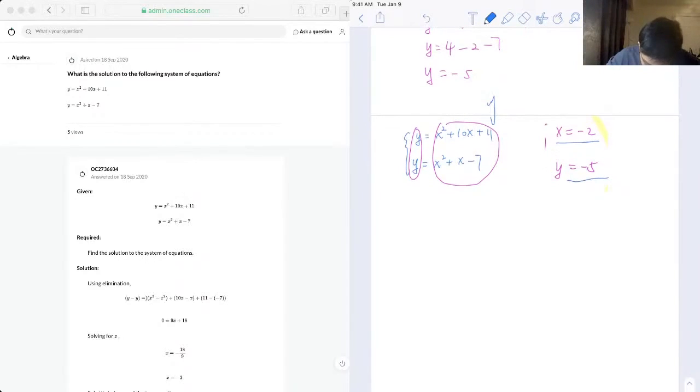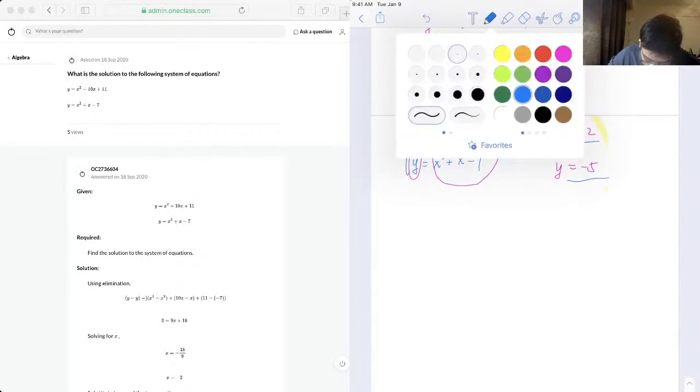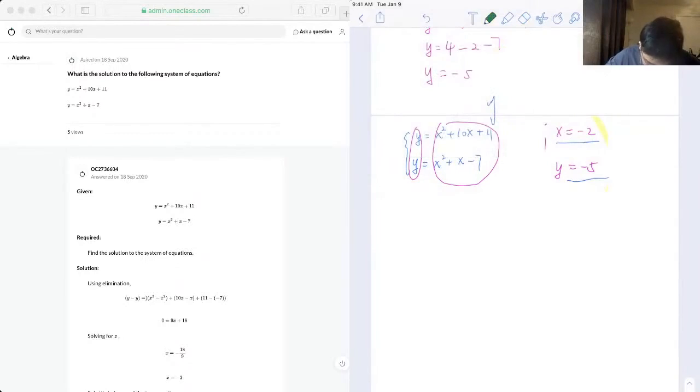So let's see. The first equation will be -5 is equal to, instead of writing x, we write -2 squared plus 10 times -2 plus 11.